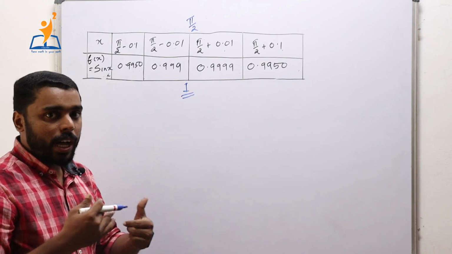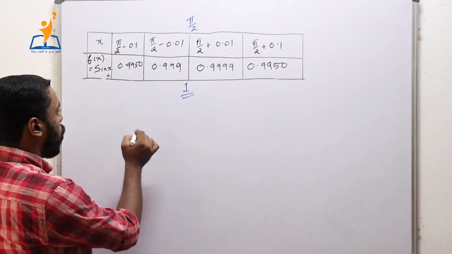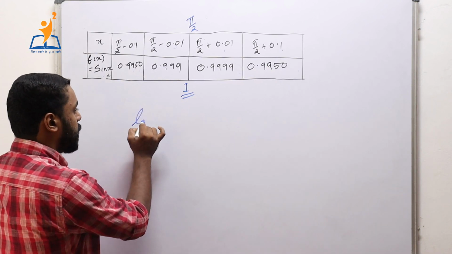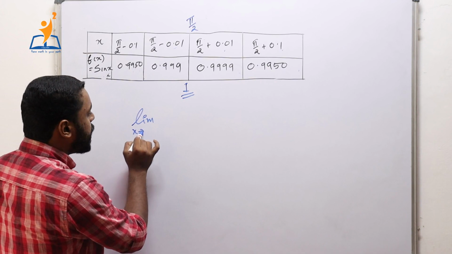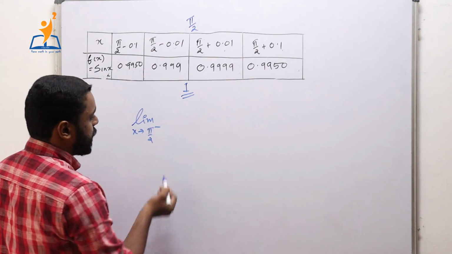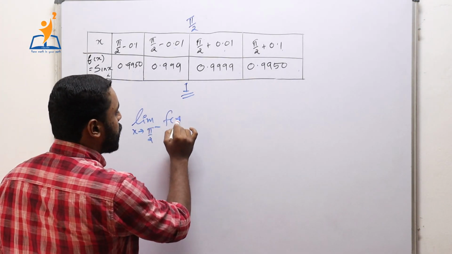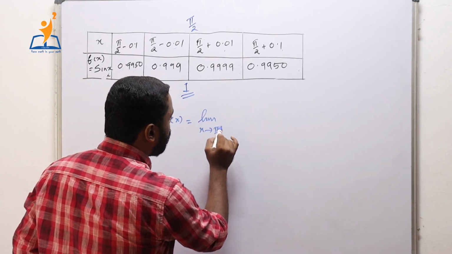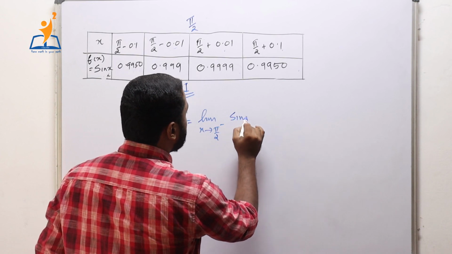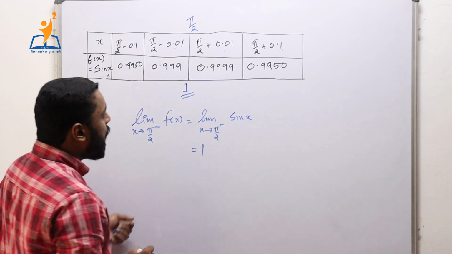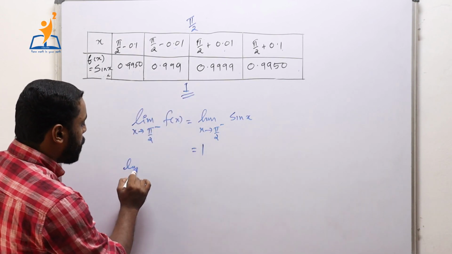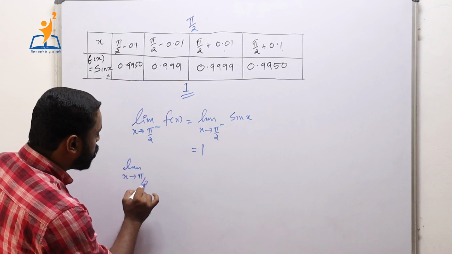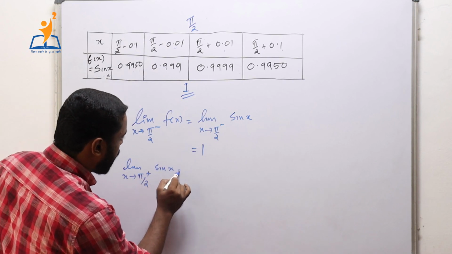Hence, as we have done before, in this case also we can write limit x tends to pi by 2 minus of f of x equal to limit x tends to pi by 2 minus sin x, which is nothing but 1, and also we can write that limit x tends to pi by 2 plus sin x is again 1.